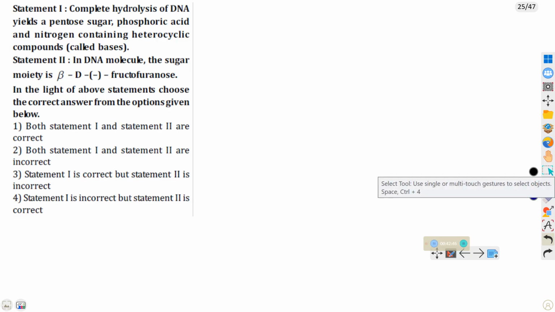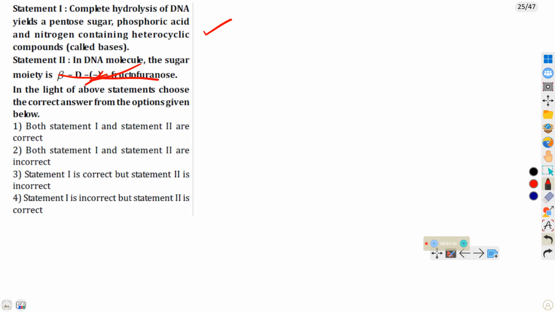Complete hydrolysis of DNA molecule yields a pentose sugar, phosphoric acid, and nitrogen-containing heterocyclic compounds called bases. Correct. In DNA molecule, the sugar moiety is beta-D-fructofuranose. Wrong. What is the sugar moiety in DNA molecule?